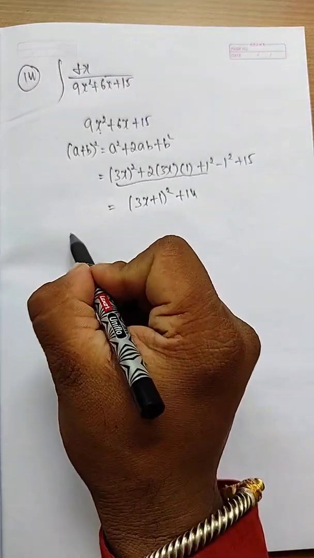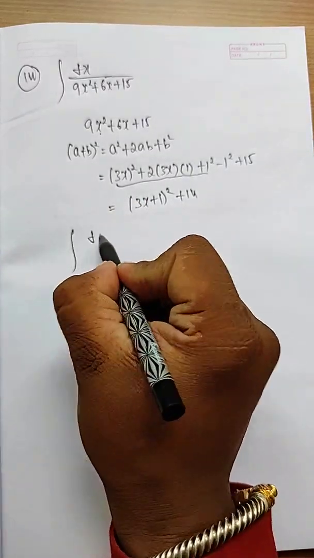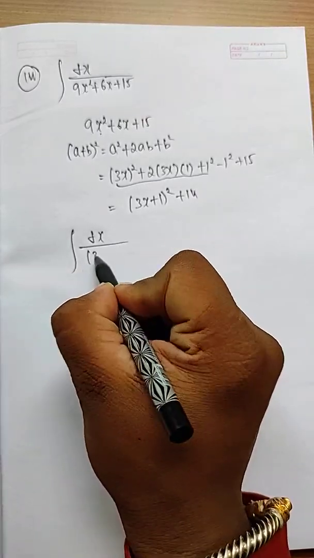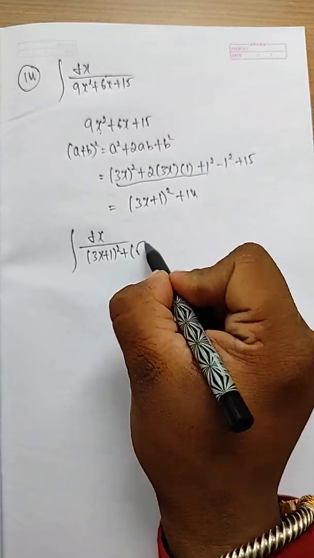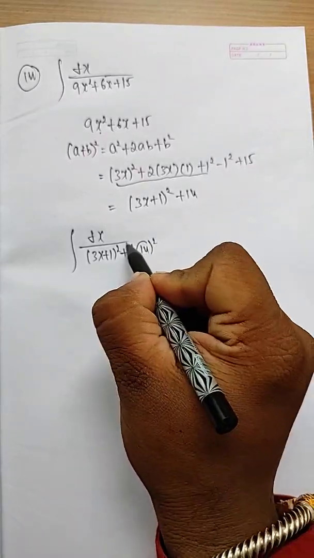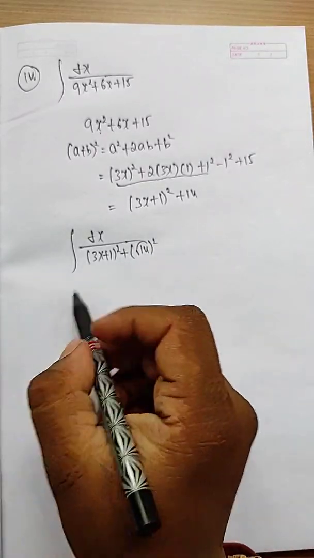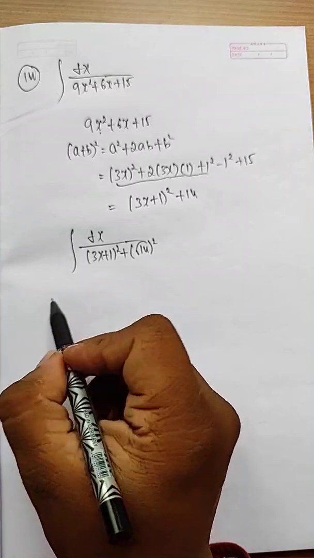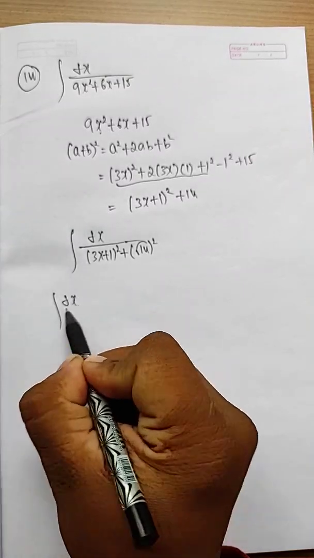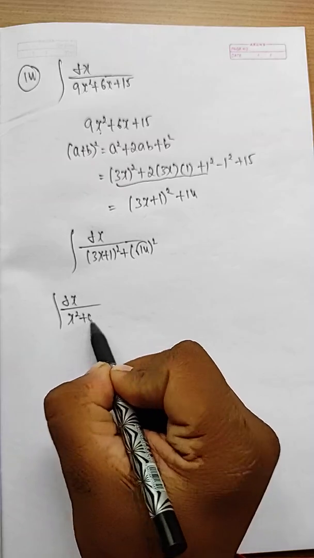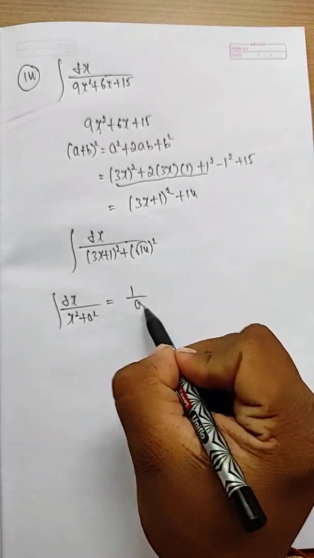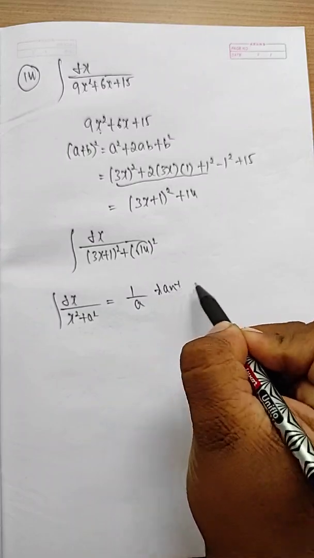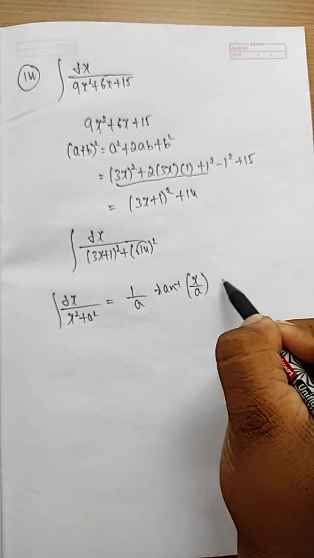Now you can write it in the standard form. Integration of dx by 3x plus 1 whole square plus 14. 14 is not a perfect square, so write it as root 14 whole square. Is it clear? So compare with the standard form: integration of dx by x square plus a square is equal to 1 by a tan inverse x by a plus c.